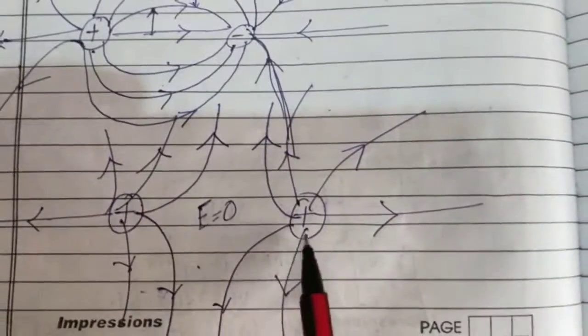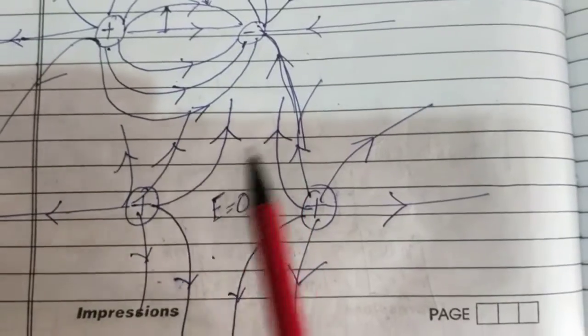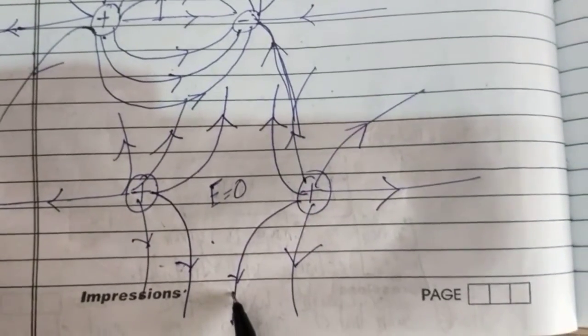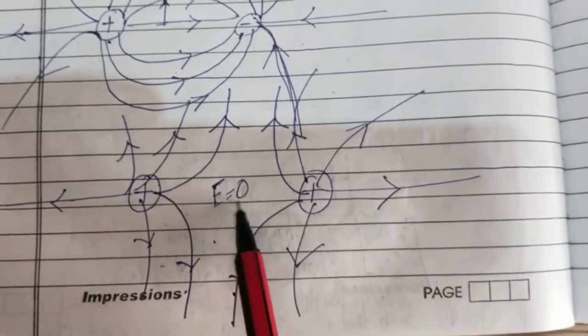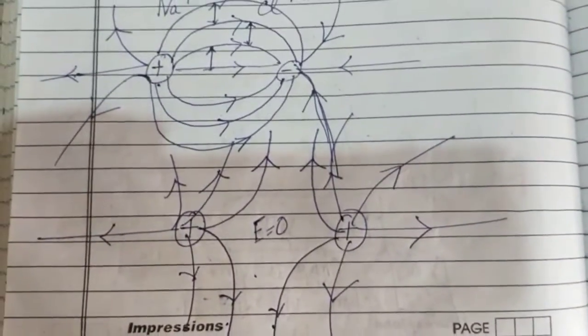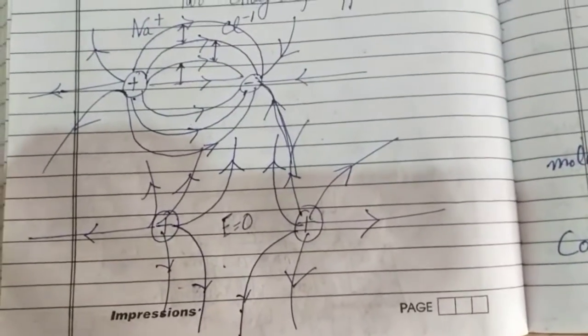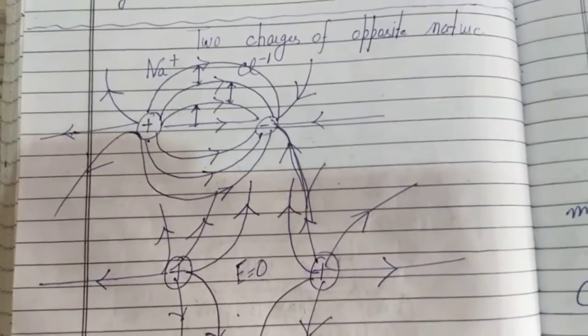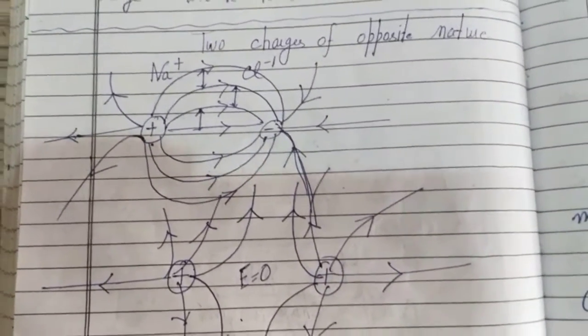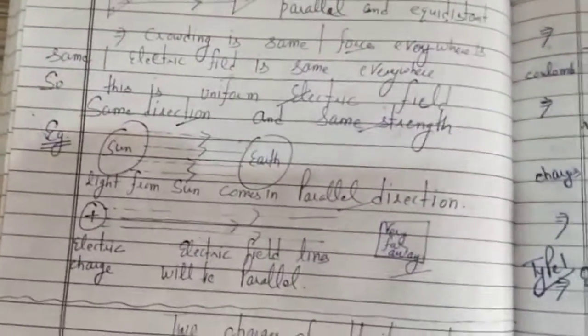And here is a positive charge; they will have lateral repulsion, and the electric field inside the positive charges here will be 0. So these are two charges of opposite nature. This is the distribution of electric field lines when we have two charges of opposite nature. So this is the crowding concept.